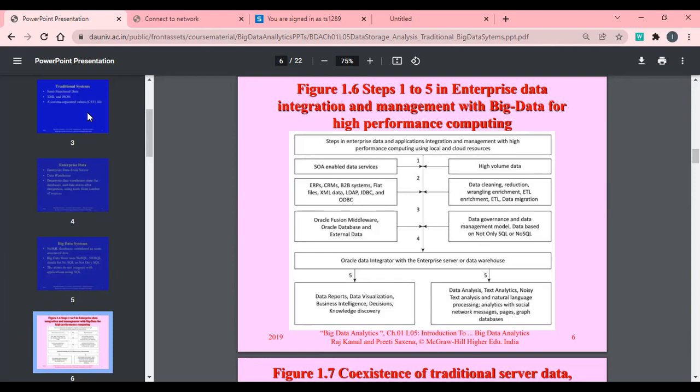In this diagram we are not using SQL. This is a NoSQL data management system, which we are using in big data enterprise integration data management. We go for enterprise data management because we are going to store a large, huge volume of data.